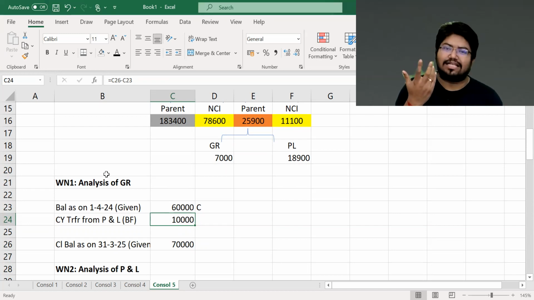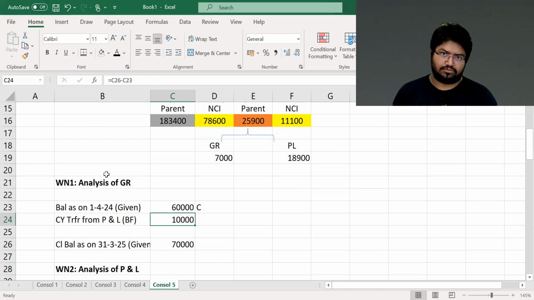But he did not give any specific information. Hence, we will take it on a time proportionate basis. For the first 3 months, it's assumed that it is transferred from capital profits, and for the remaining 9 months, from revenue profits.